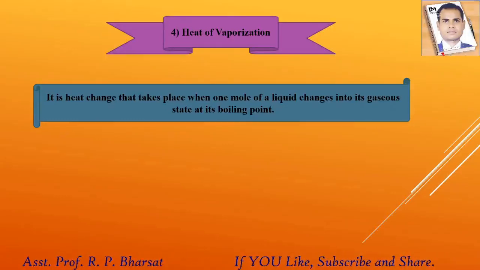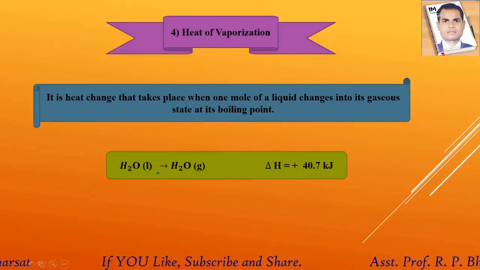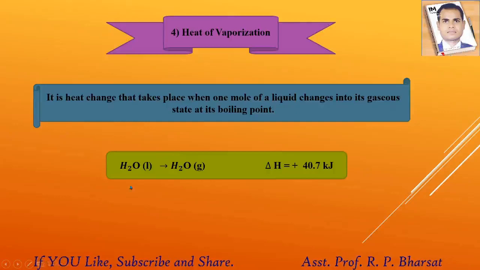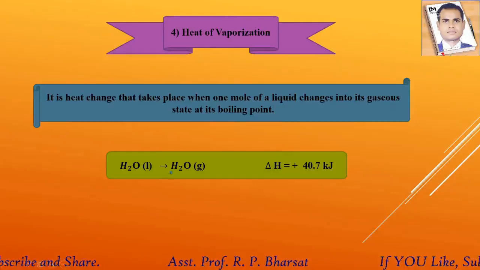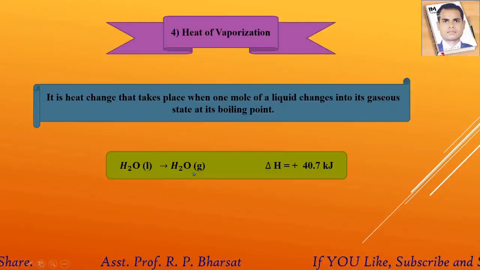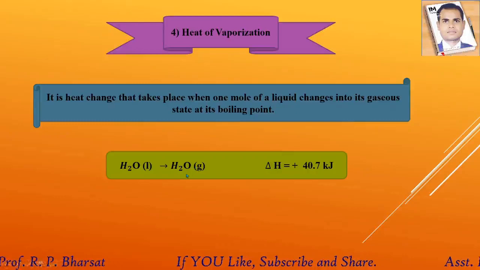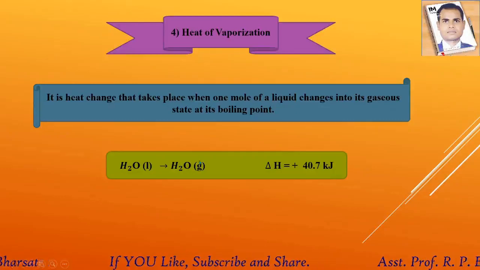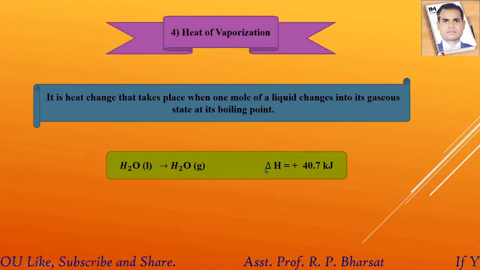So in this case you can see again one example, one reaction like the heat of fusion. Water in a liquid state gives water in a gas state, or you can consider it as a vapor state. And for this process again heat is required here.